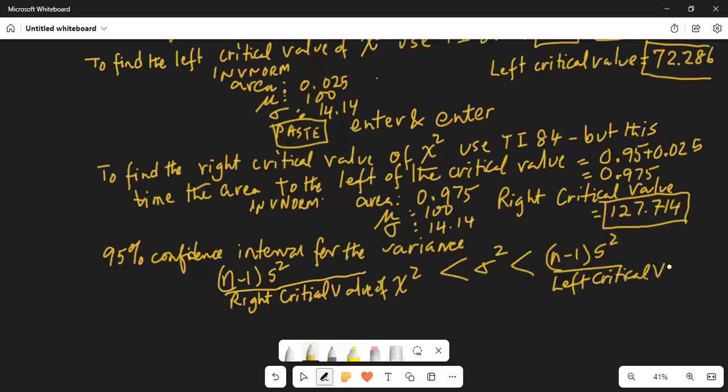Remember, the critical values here are found by approximating the chi-square distribution with a normal distribution. Critical values of chi-square.